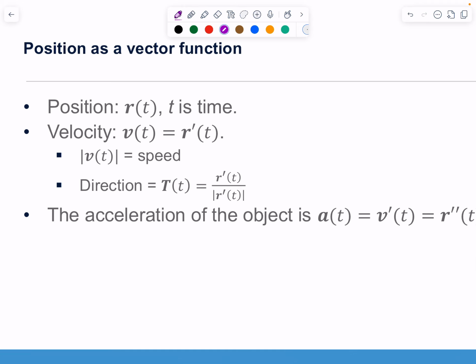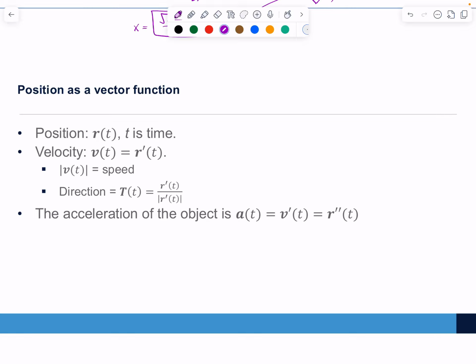Next. This is just an aside. I think you probably understand this, but just to make sure. Oh, yeah, there is this unit tangent vector business. So position as a vector function, we'll be interested in motion through space. And so as something moves, its position might be described by a particular function.